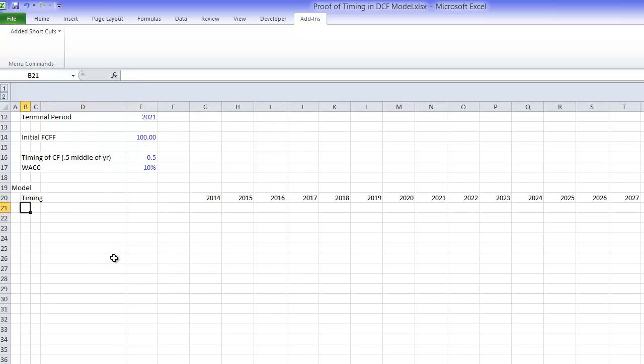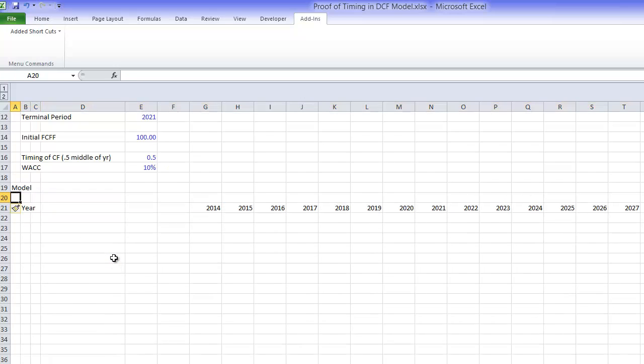And then we'll get this. So for our timing, we first have our year. Why don't I put a timing section? And then, you know, this will eventually be at the top of the sheet. And then let's put a terminal period.